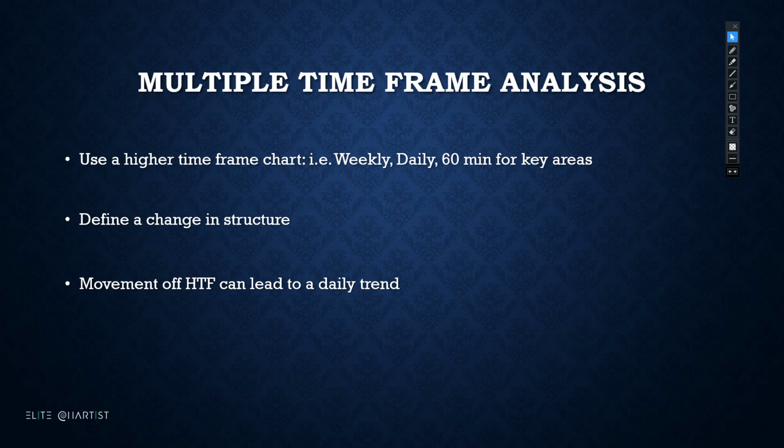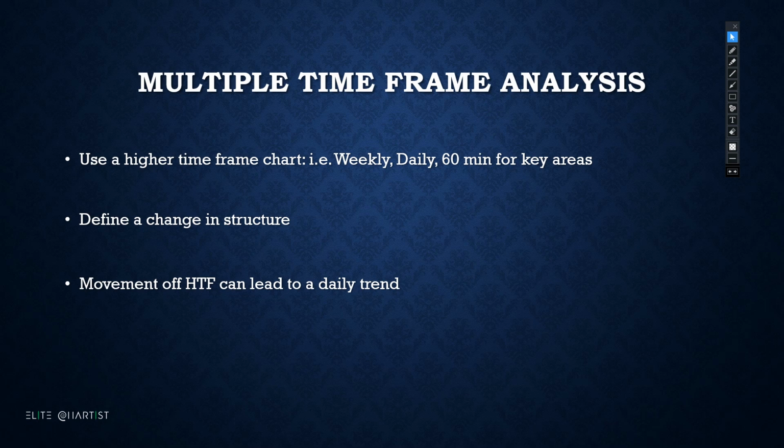So is the daily and the 60-minute climbing? Is it dropping? Higher highs? Are there lower highs? And then I'm looking for key areas such as weekly high, low, open, and close. So this is all stuff I'm getting from the higher time frame.